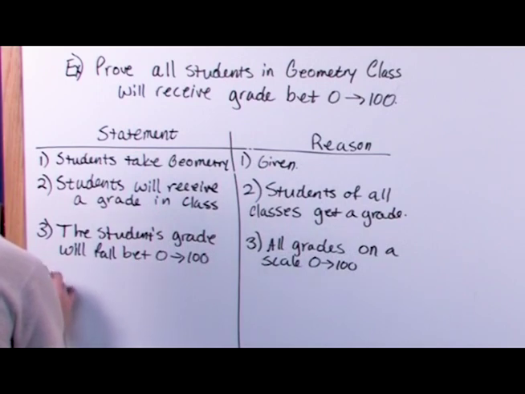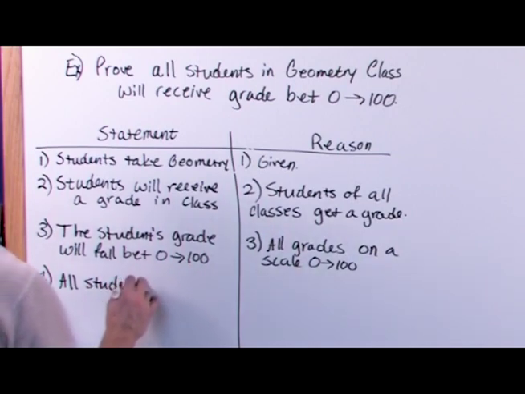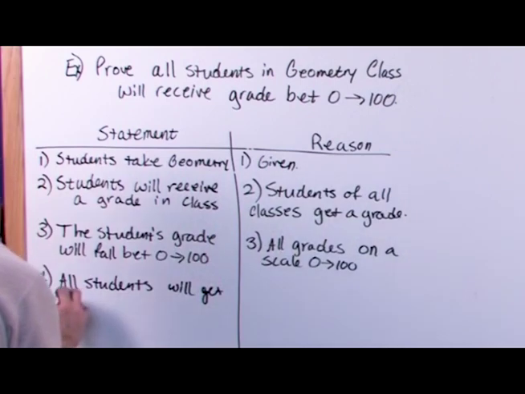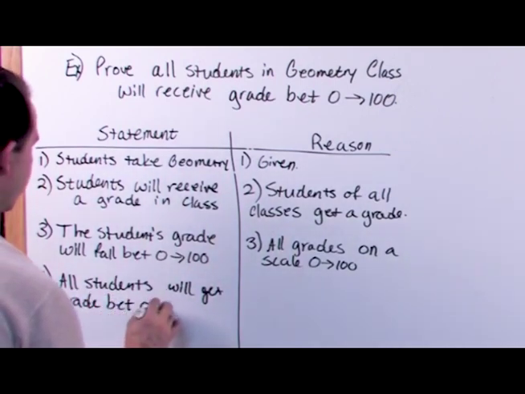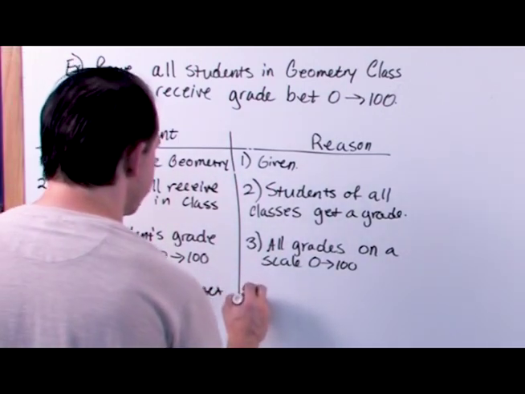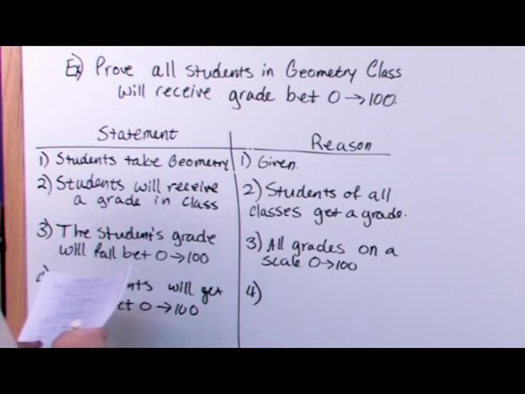So you see, we're building the building blocks, and so our conclusion statement is that all students will get a grade between 0 and 100. Okay? And this follows from everything that was above.